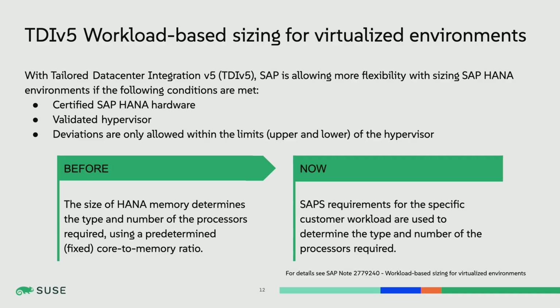This is a measure for CPU power, for example, and memory, and so on, and then have your VMs more flexible, and also the host machines that you run this on. Again, for details, there's more in the SAP note mentioned here.